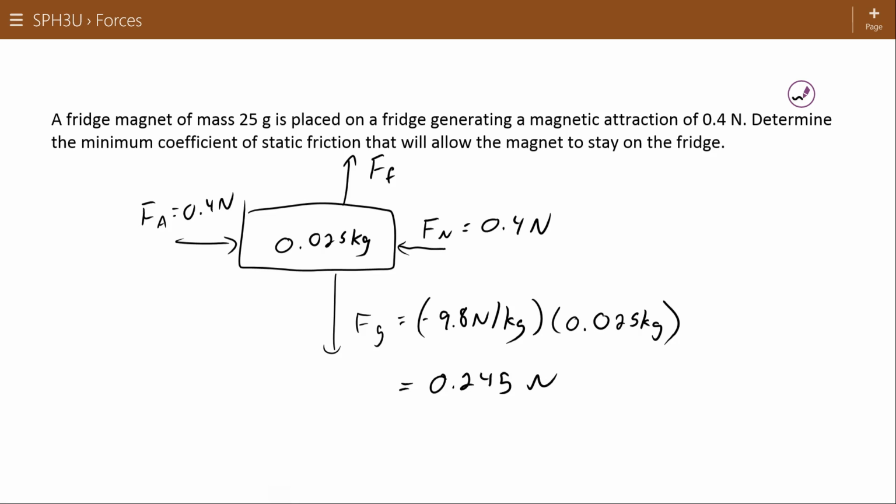And so if the force of friction is going to resist that motion pulling it down, then it's going to have to be equal to it. I'm only really focused on magnitudes here because my force of friction equation doesn't really take negatives into account anyway, so I'm just really looking at the size of these numbers. Force of gravity pulling down would be negative 0.245, and so the force of friction up is 0.245.